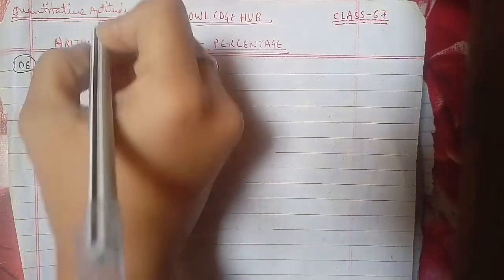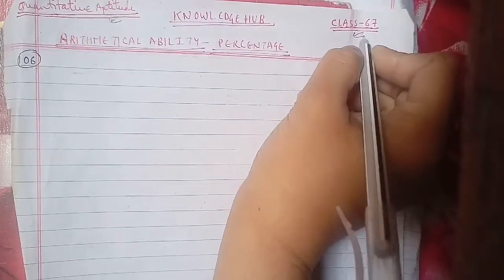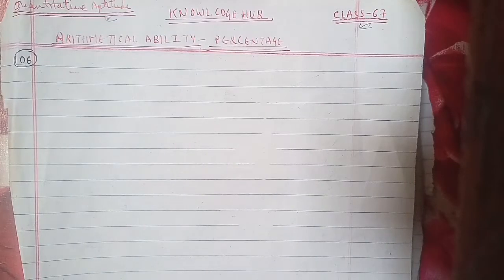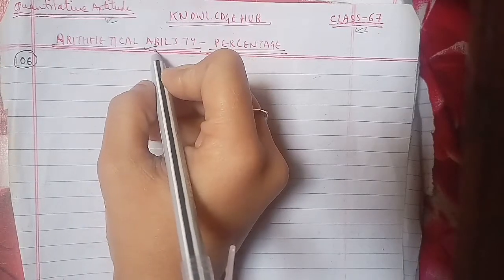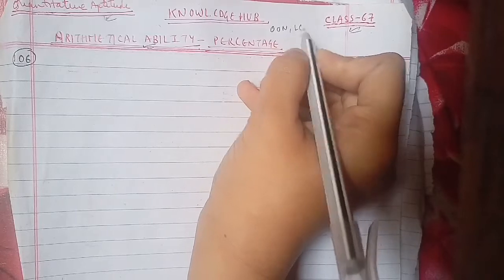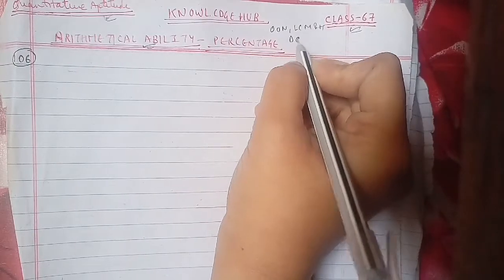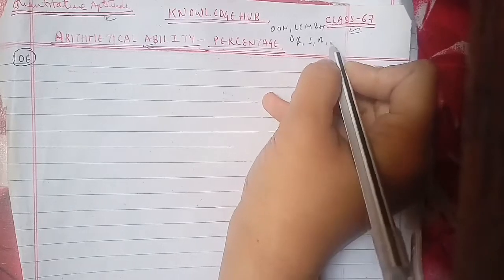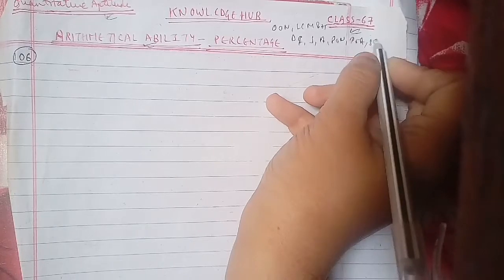Today we're going to start with your quantitative aptitude class, and this is the 67th class. We had done 68 classes in quantitative aptitude, and before that we started with arithmetical ability. In that, we had done operations on numbers, LCM and HCF of numbers, decimal fractions and simplification, averages, problems on numbers, problems on ages, surds and indices as well.